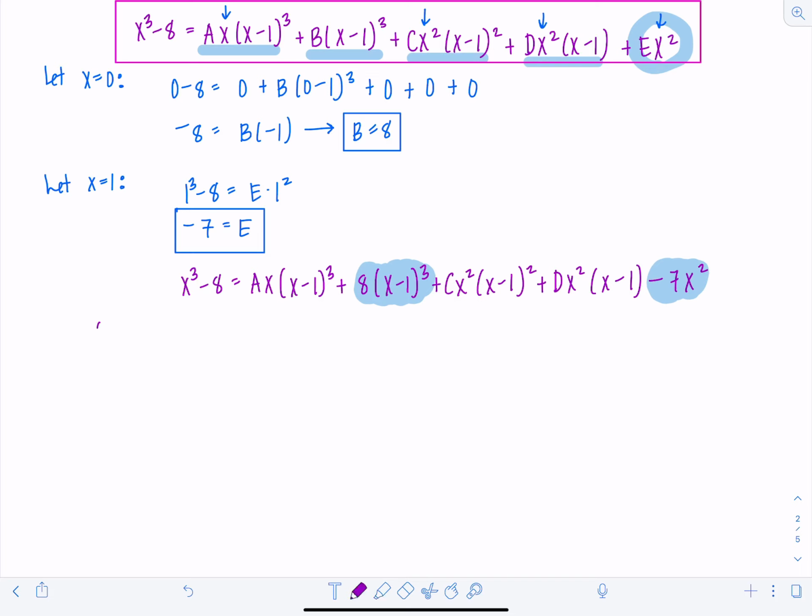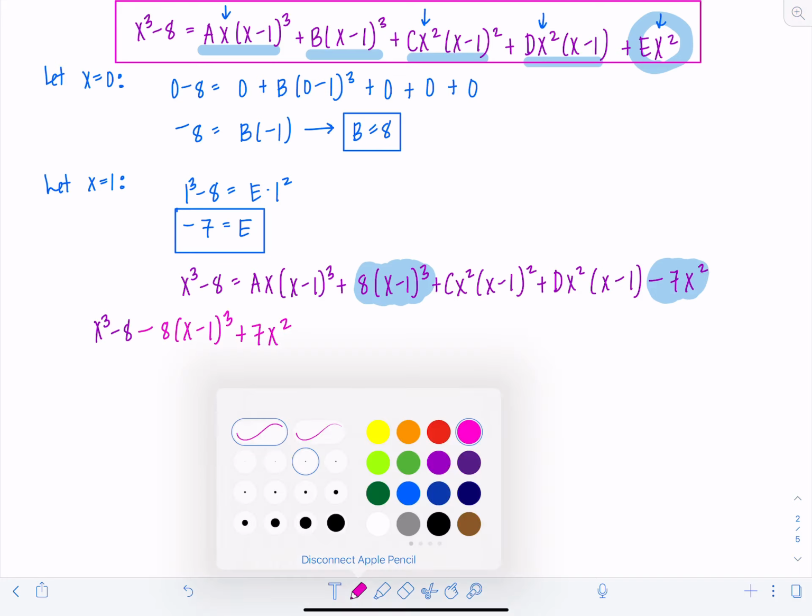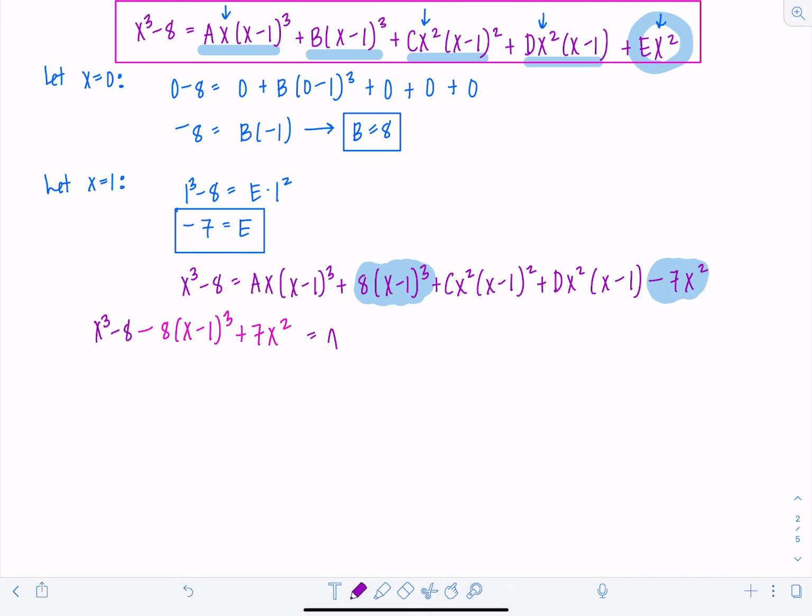I'm going to have x cubed minus 8, and then minus 8 times x minus 1 cubed plus 7x squared, those guys moved over, equals ax times x minus 1 cubed plus cx squared times x minus 1 squared plus dx squared times x minus 1.